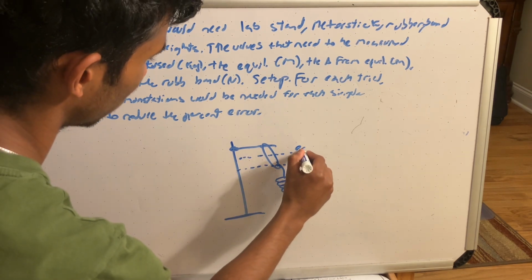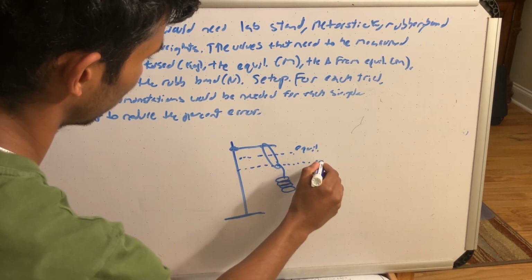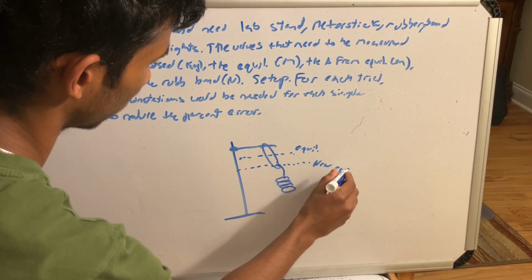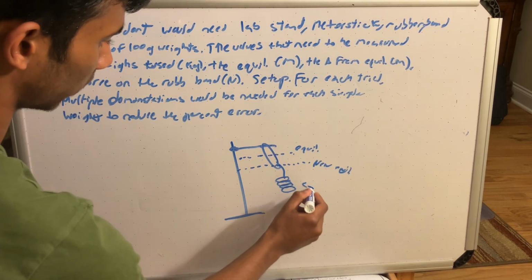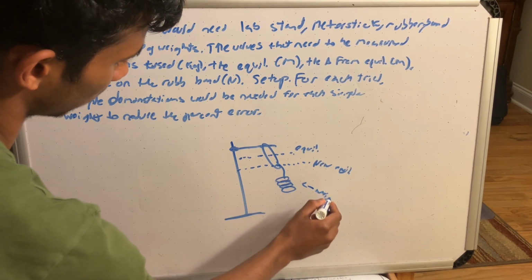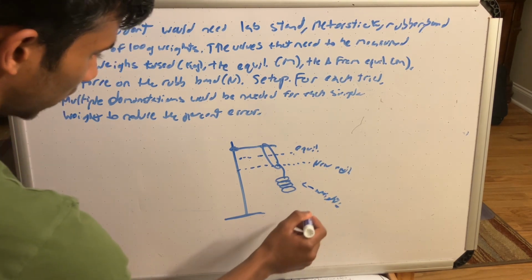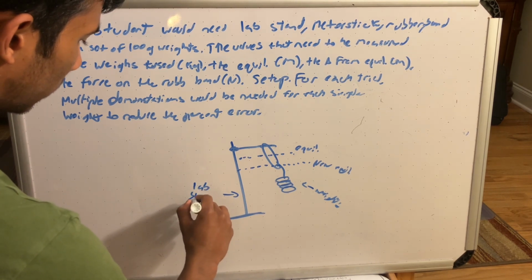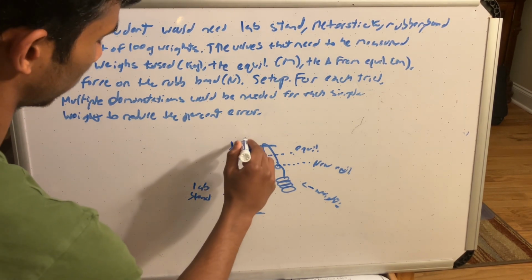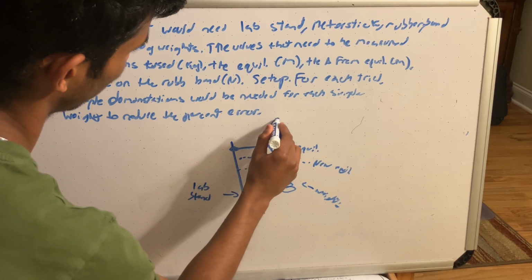This would be equilibrium. This would be the new equilibrium. These are the weights, and they change. This is the lab stand. This is the rubber band.